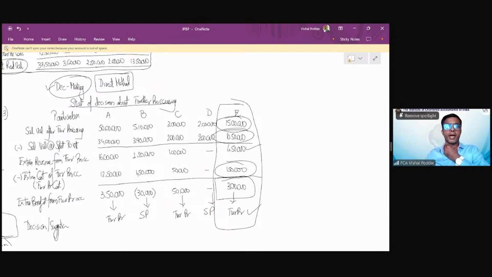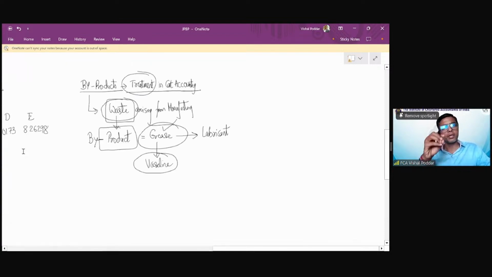If this had been a loss, my decision would be, no, I will not convert it into Vaseline. I will sell it as grease only. So that decision is clear, whether to sell the byproduct as grease, that is at split off point, or after further processing, that is as Vaseline. The decision will be made based on your extra profit.